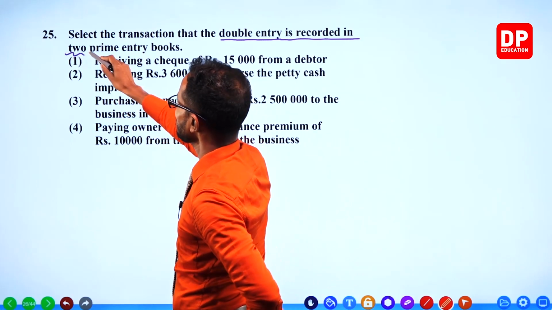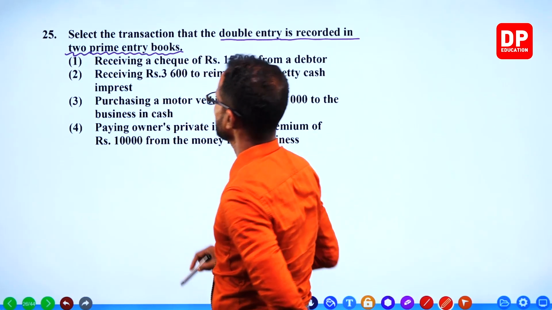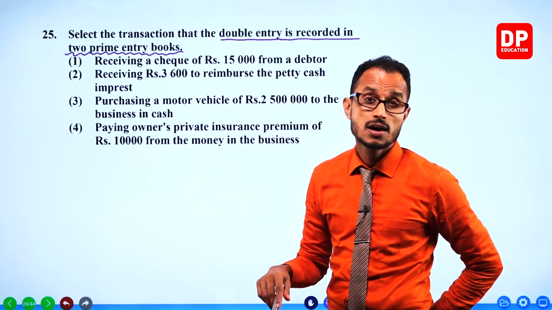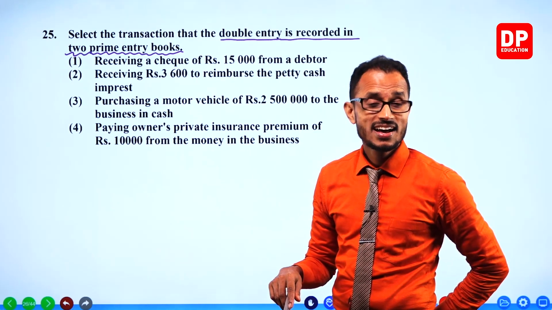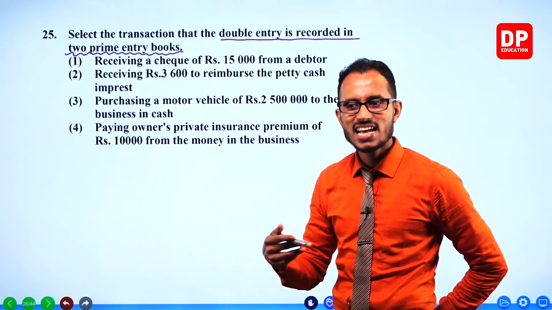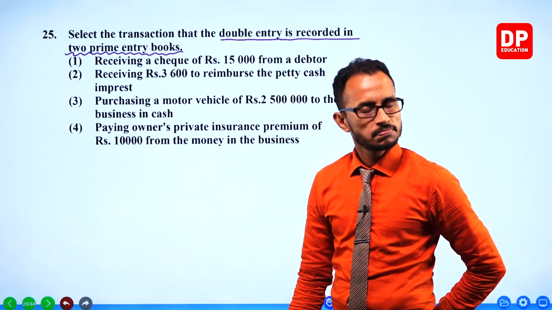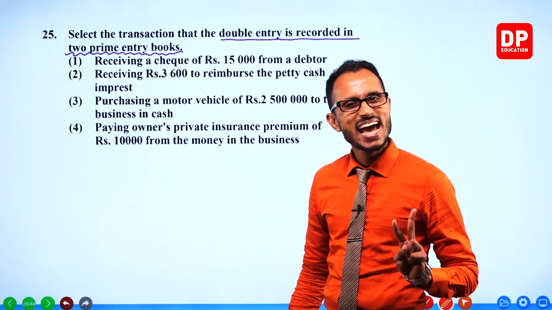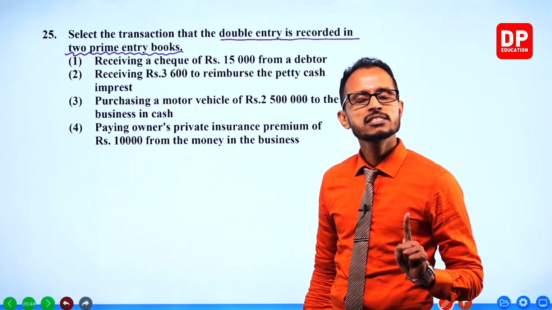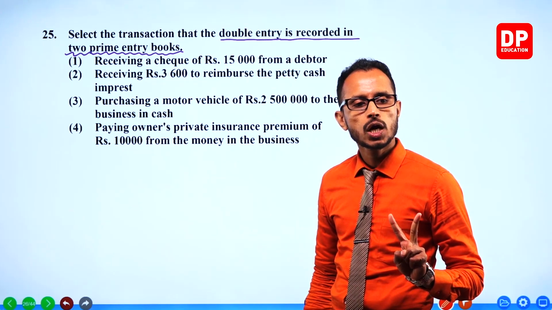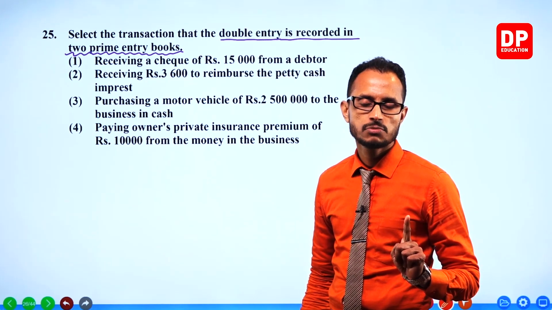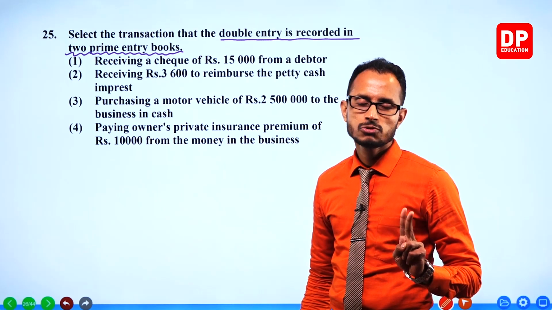How come they go to prime entry books? Prime entry books also act as ledgers. There are 2 prime entry books which act as ledgers: cash book and bank book, the bank account.